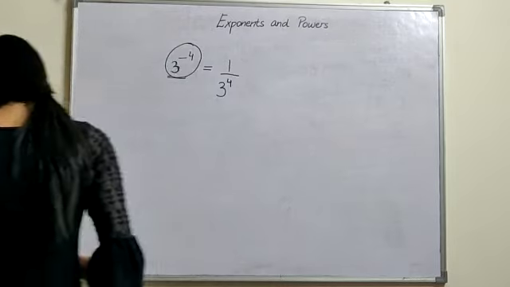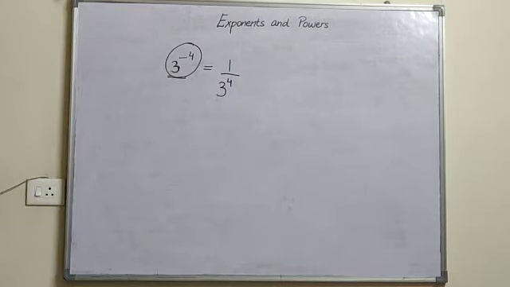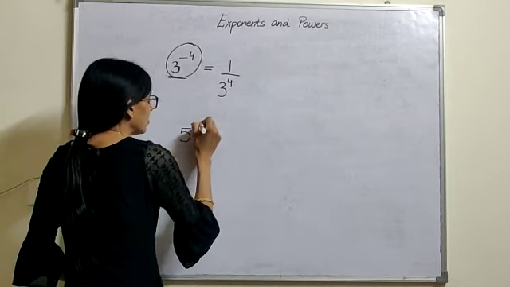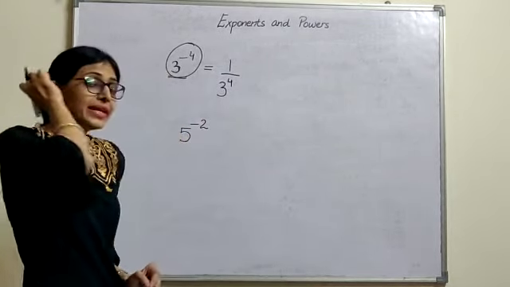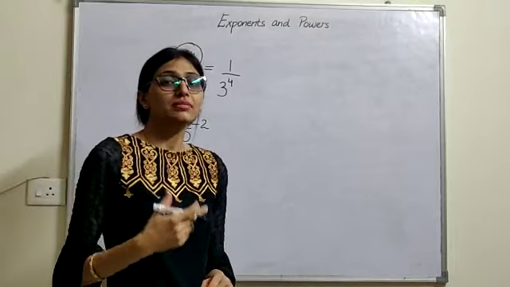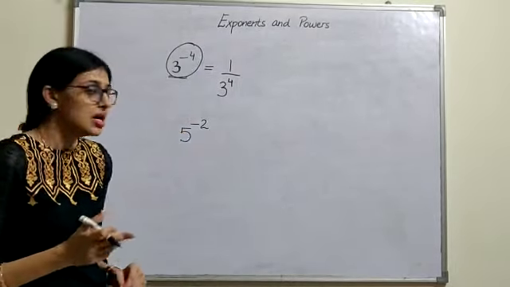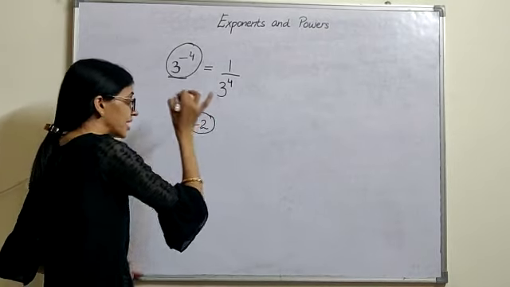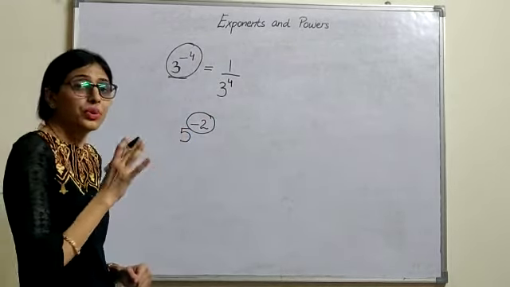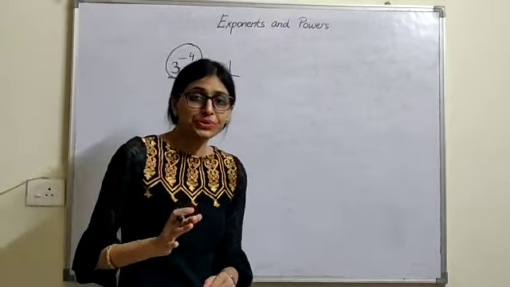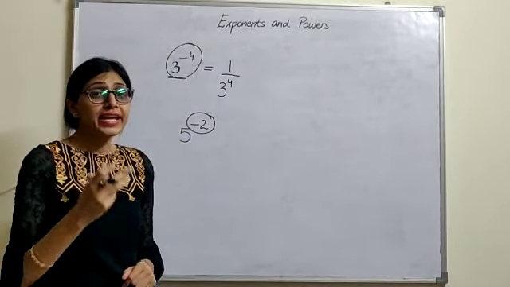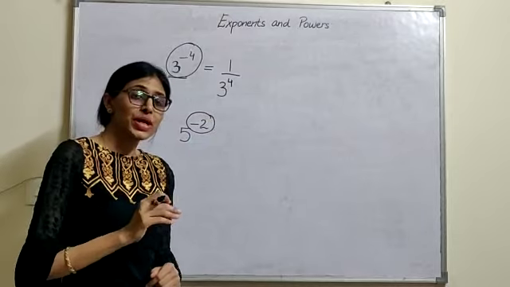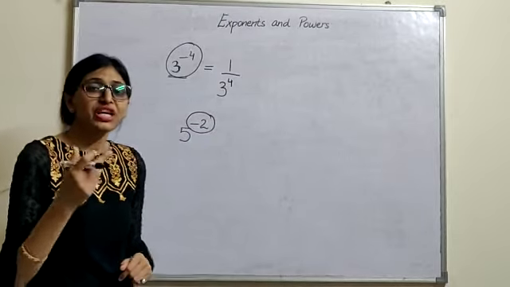Next question is, if I have to find out multiplicative inverse, whenever you have to find out the multiplicative inverse, what you have to do, whatever power is given to you, you have to change the sign of the power, and in this way you will get the multiplicative inverse.